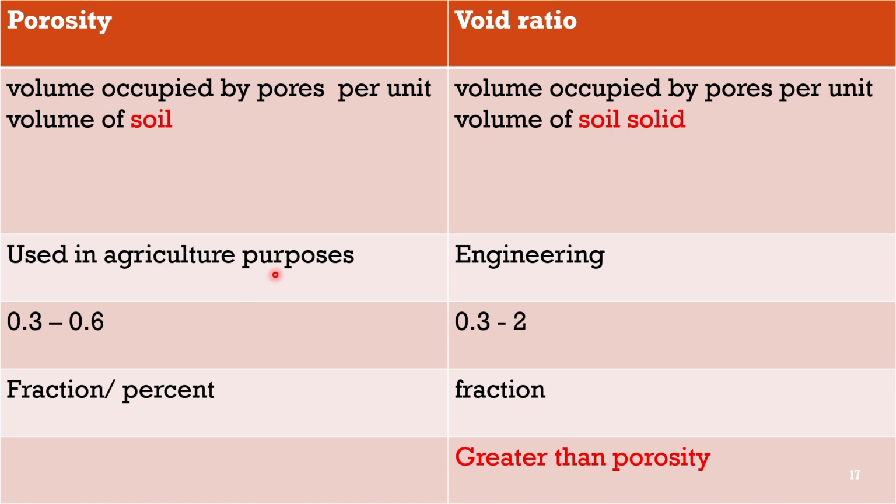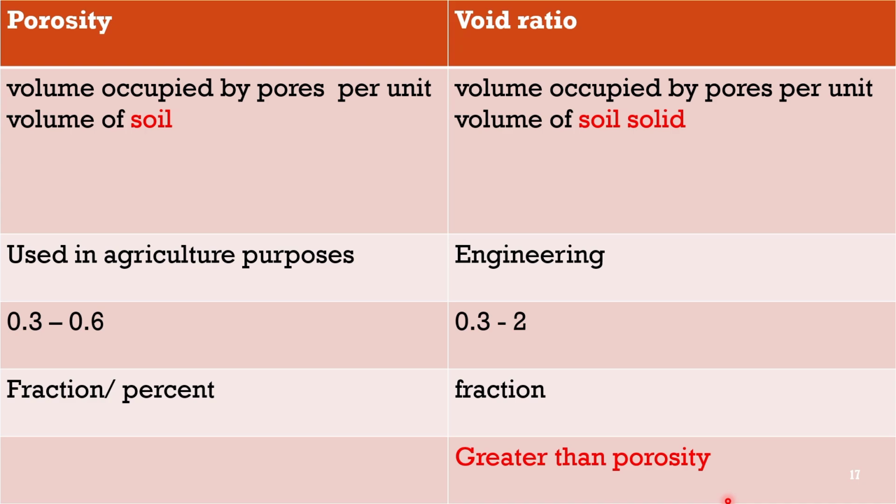Porosity is used for agricultural purposes, while void ratio is used for engineering purposes. Porosity is 0.3 to 0.6, while void ratio is 0.3 to 2. Porosity we can represent as a fraction or percentage, while void ratio only as a fraction. And void ratio is greater than porosity.